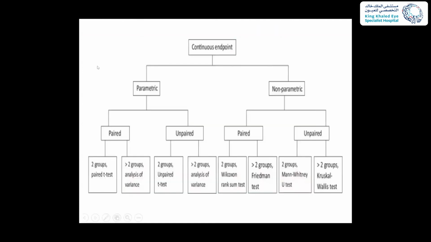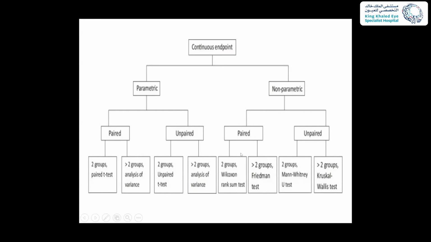This flow chart shows you that whenever you have paired data with 2 groups, you use the paired t-test. If you have more than 2 groups, you use analysis of variance. If you have unpaired variables, you have the unpaired t-test, or analysis of variance.